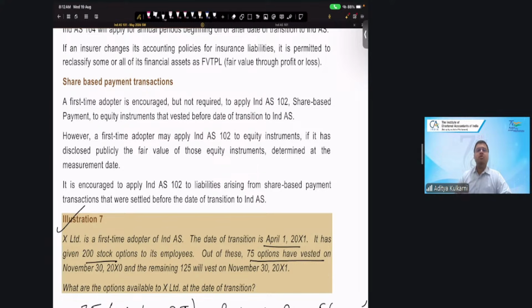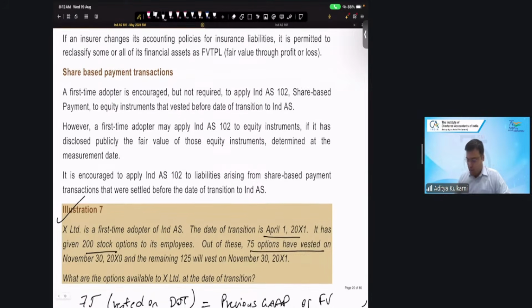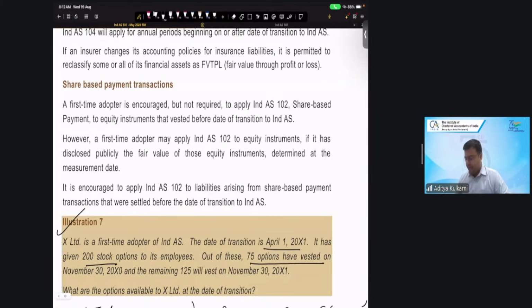That means I have two categories: 75 options vested before transition date, 125 options will vest after the transition date. So what are the options available to X Limited at the date of transition? For 75 options, what are the choices that you have?